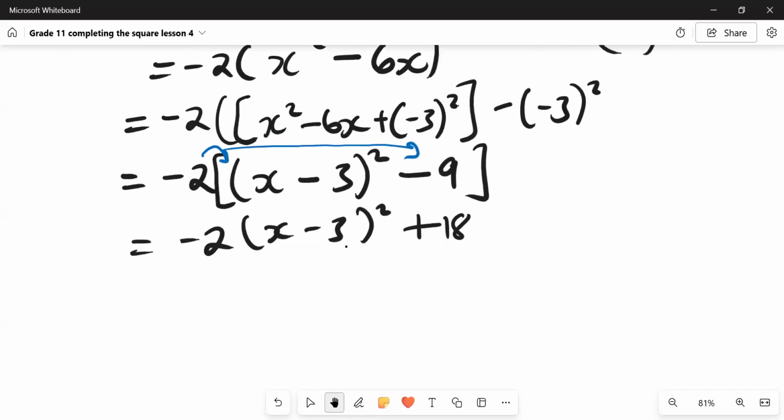And then the value of a is equal to negative 2. The value of q is equal to 18.